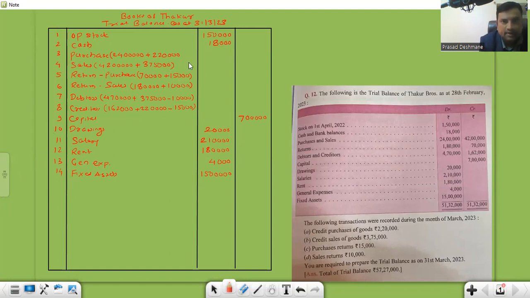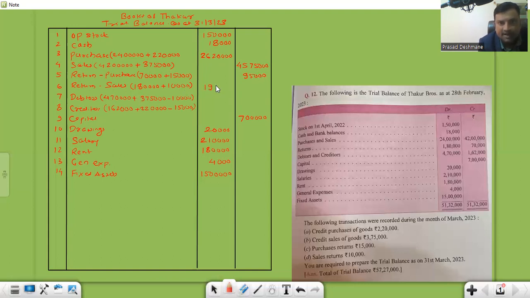Purchases, 24 lakh and 2 lakh 20,000, 26 lakh 20,000. Sales is 42 lakh plus 3 lakh 75,000, 45 lakh 75,000. Sales comes on the credit side. Purchase return 70 plus 15, 95. Purchase return is a credit balance, correct? And sales return 1 lakh 80 plus 10, 190.